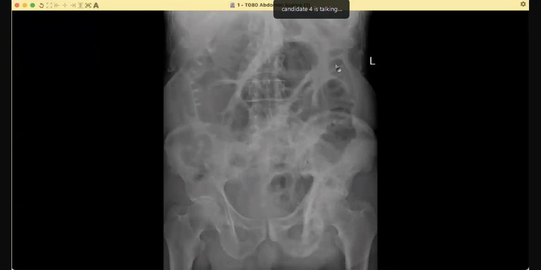I would like to correlate the history. However, I don't see any steroid depository in the rectal region. I would like to image this further.